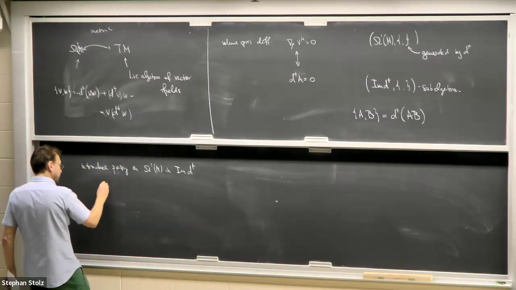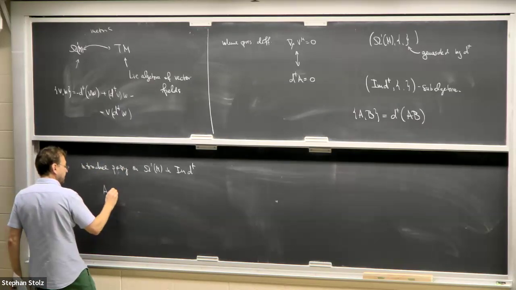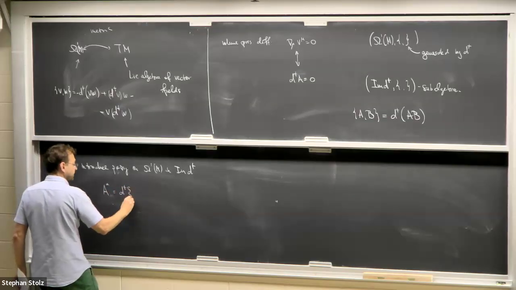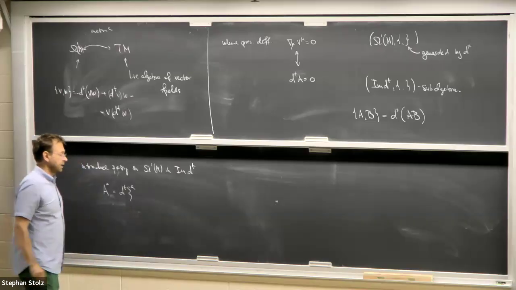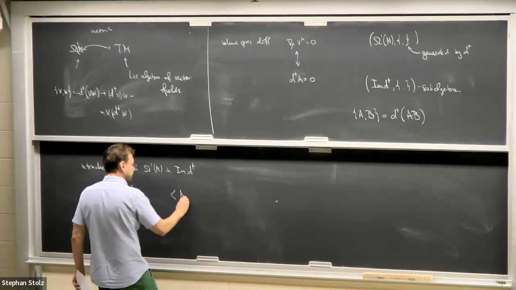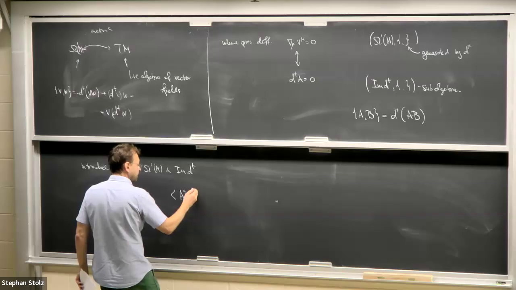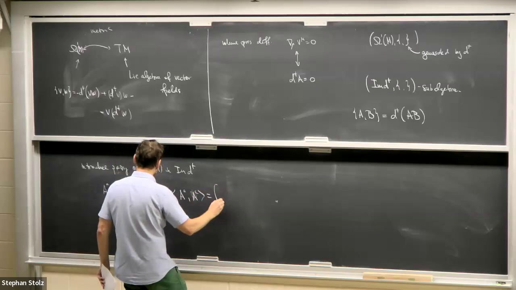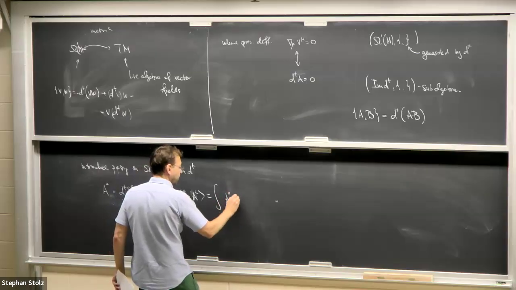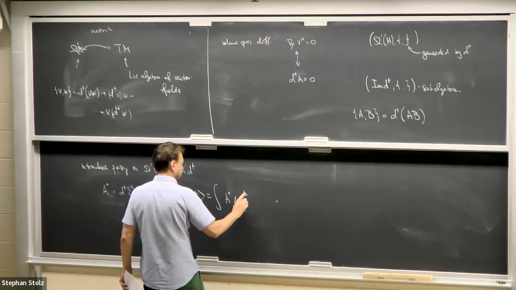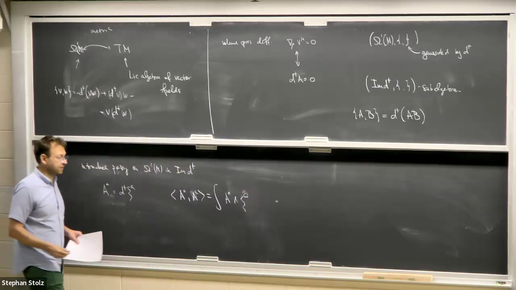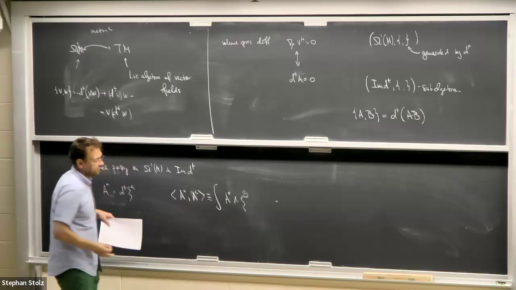Let me say that my form is the dagger of some psi A. And I will tell you that my pairing is defined as A, B, AC as an integral of form A, which is the definition of my pairing.